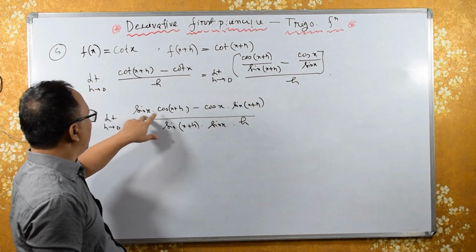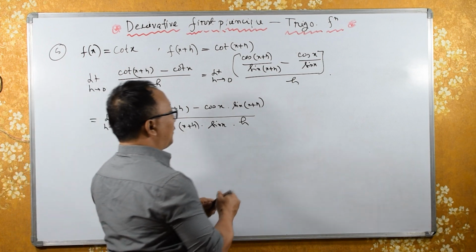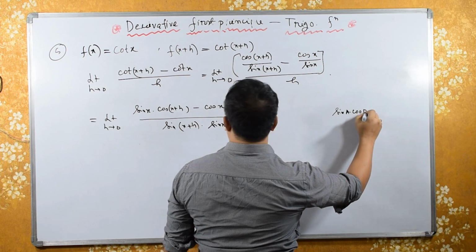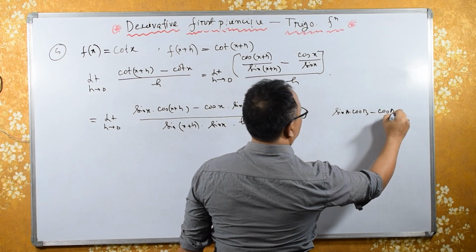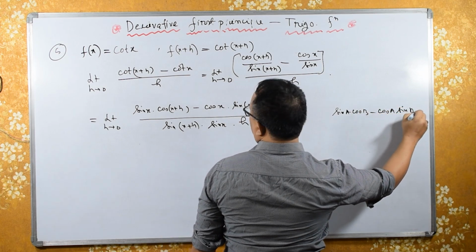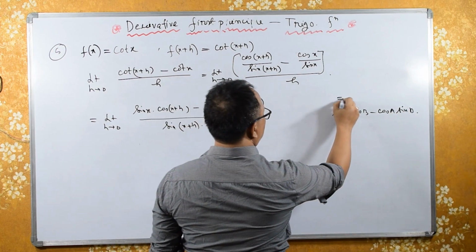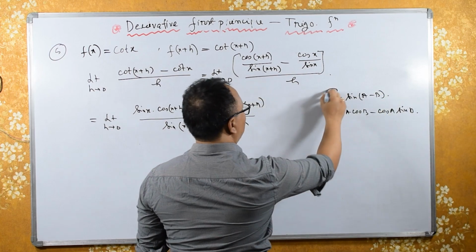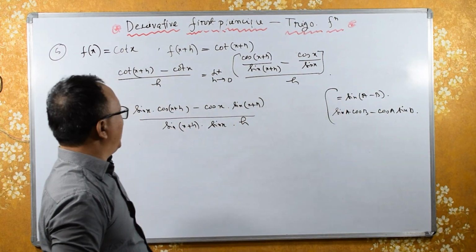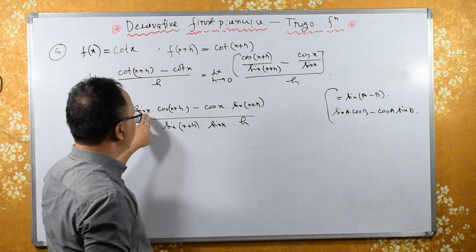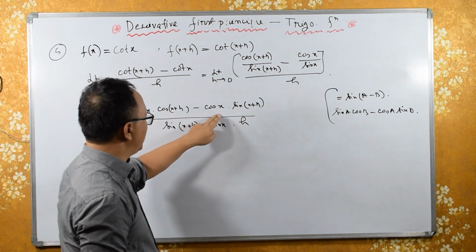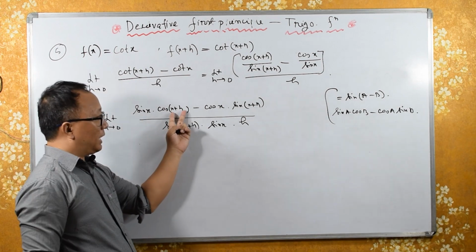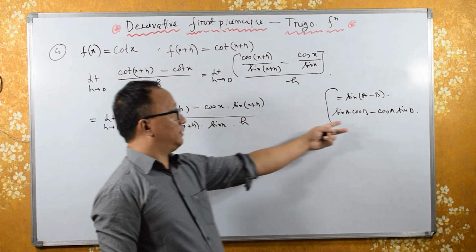It is already in the form sine a cos b minus cos a sine b. This is our sine of a minus b. Sine of a minus b is sine a cos b minus cos a sine b. Consider x as a and x plus h as b.